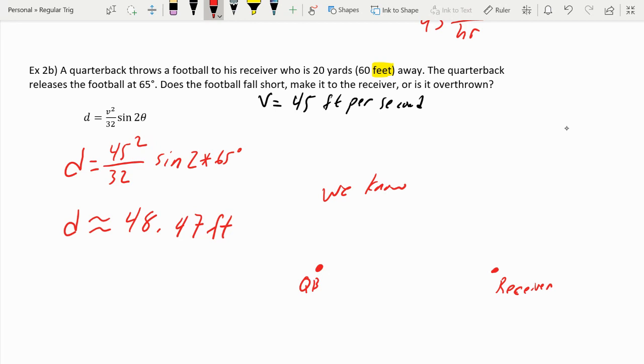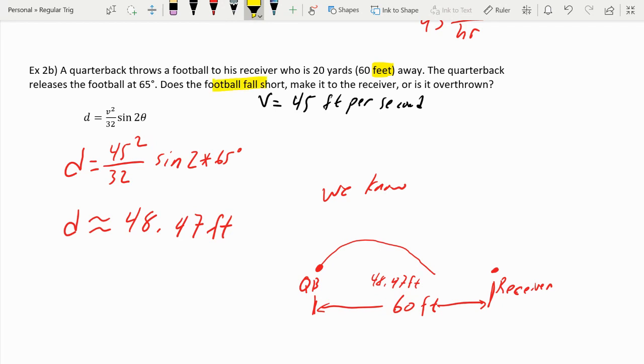The receiver is 60 feet away. If that's 60 feet, this ball only goes 48.47 feet. So what ends up happening?